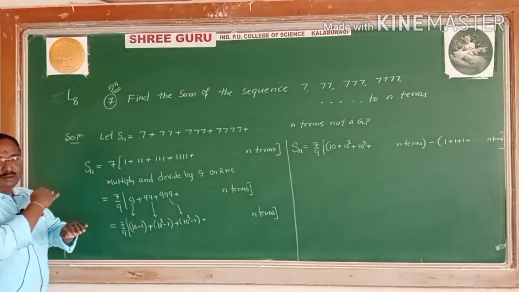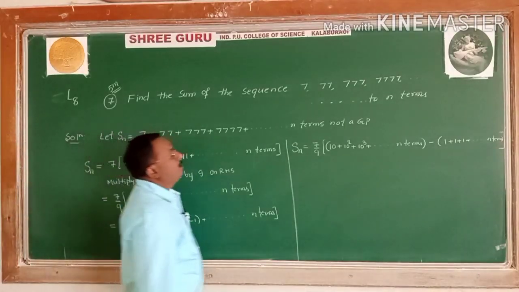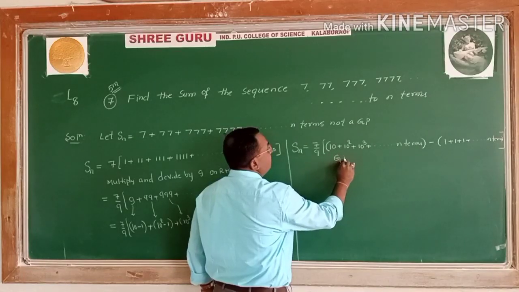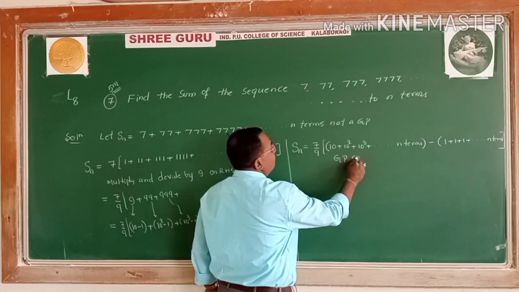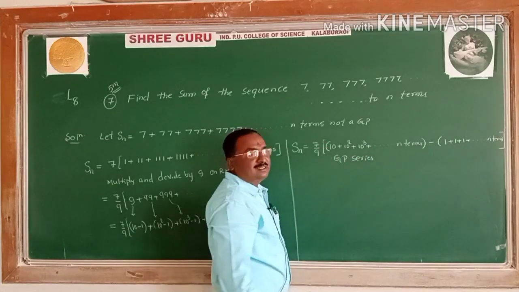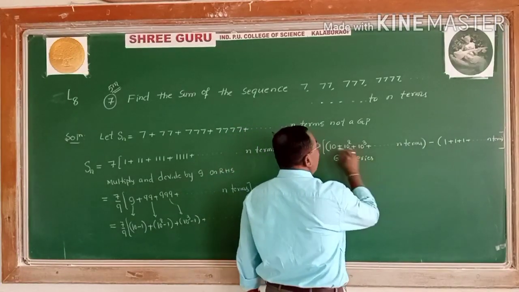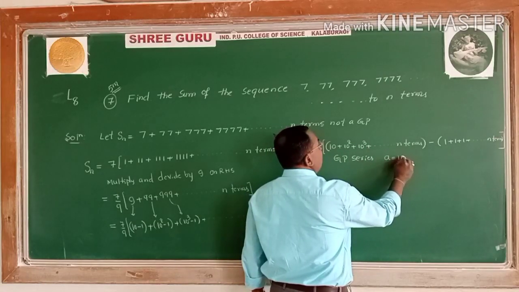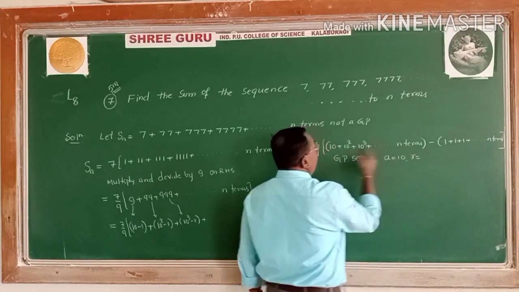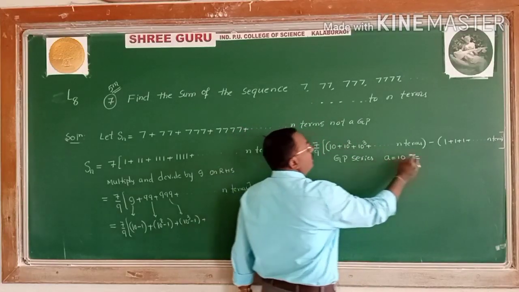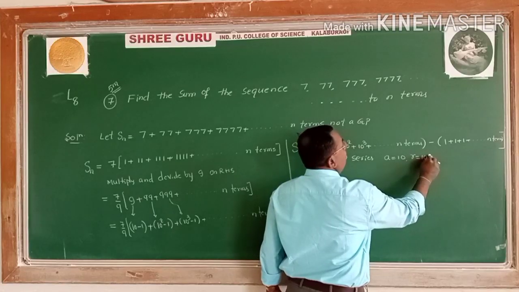Understood? 10 terms on one side, 1 terms on the other side. But this is in the form of what? This is a GP series, a geometric series. In this, A is what? 10. Common ratio R is what? Any term divided by the previous: 10 square by 10, 10 cube by 10 square is 10, greater than 1.